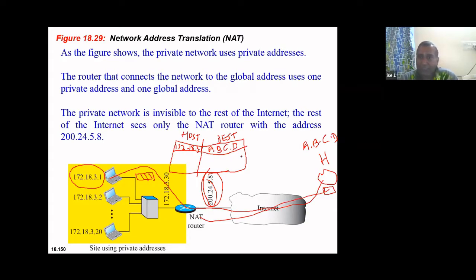The packet has come from which host? ABCD. The sending host is ABCD. That means this packet is meant for this particular host, 172.18.3.1. So the packet will go here.